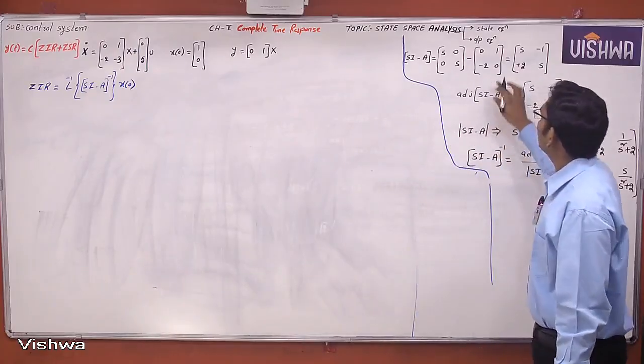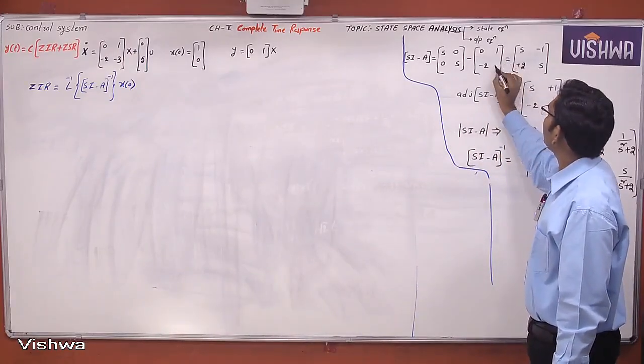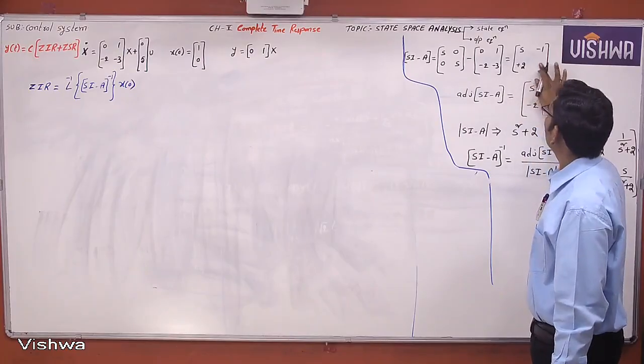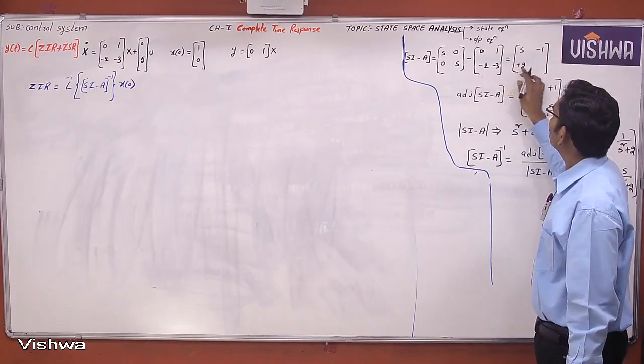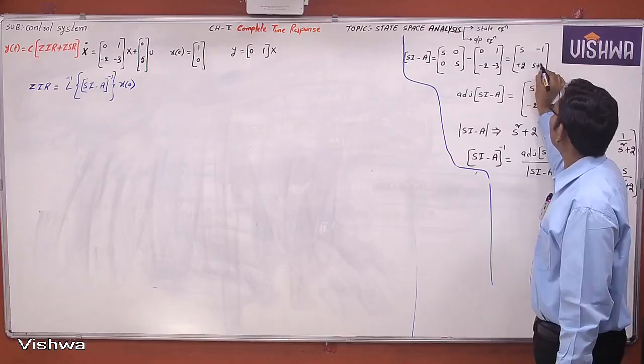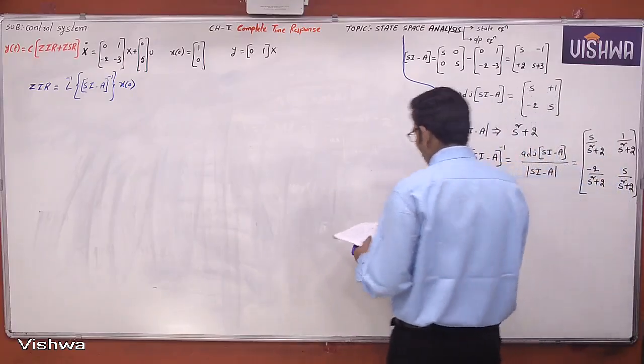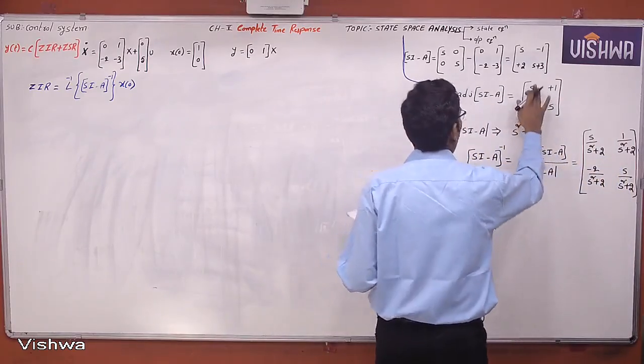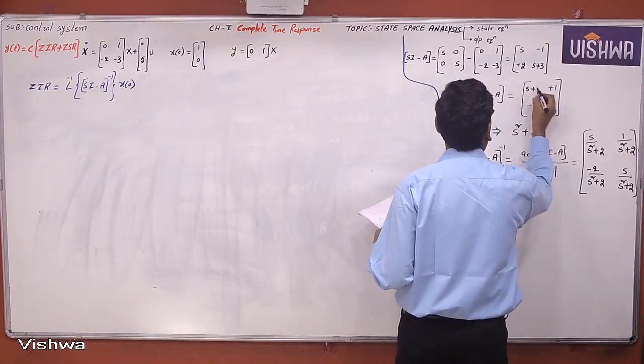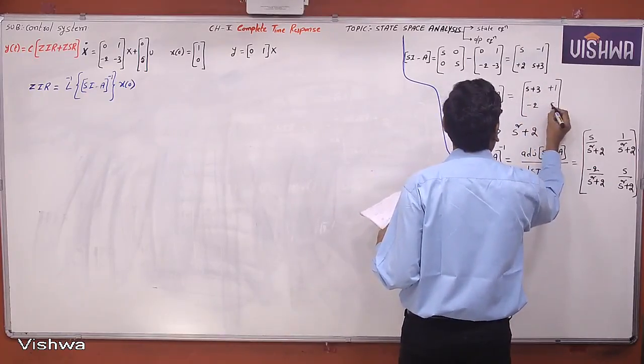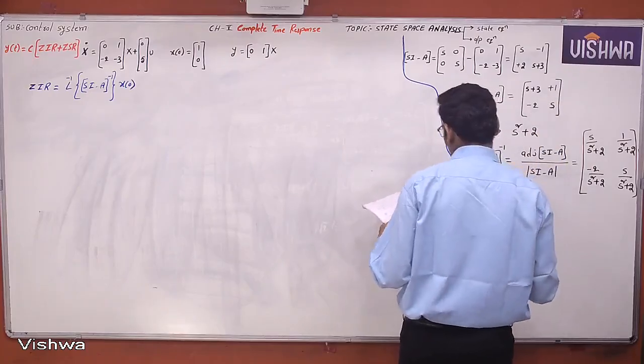So sI minus A is [s, minus 1; 2, s plus 3]. Now the adjoint has S plus 3 here, the diagonal elements change position, and the off-diagonal elements change sign.